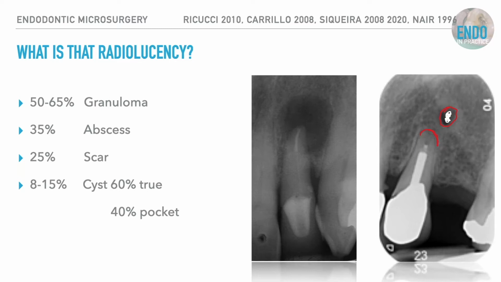Then when we come to talk about cysts, that actually makes up the least amount of what we identify from a radiograph. And I don't want to go into too much of the histology of it, but we have true cysts and pocket cysts.